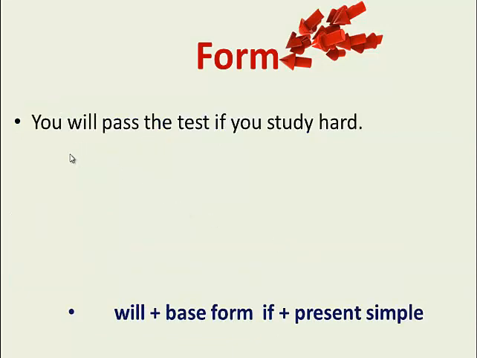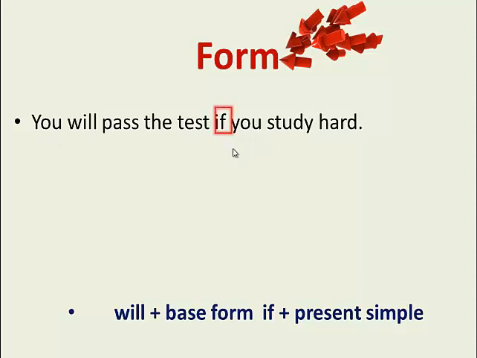Great. Now, here is another example. What's the difference between this example and the previous one? Let's read it together. You will pass the test if you study hard. Well, have you noticed that the if clause is not in the beginning of the sentence, but rather at the end of it? Okay?